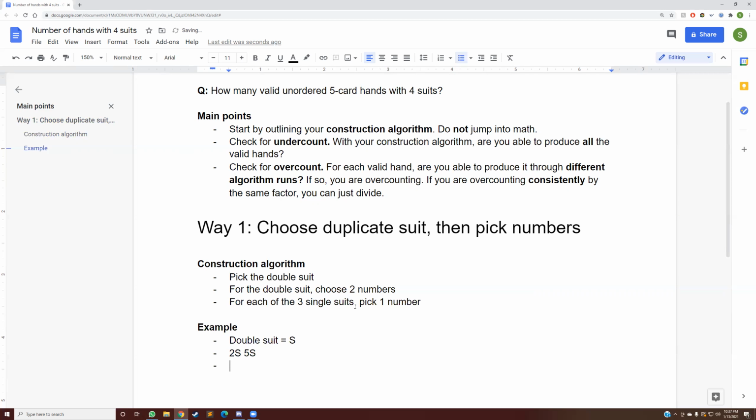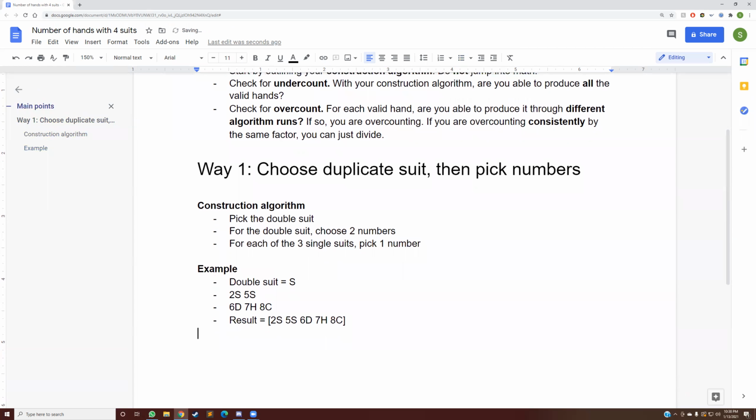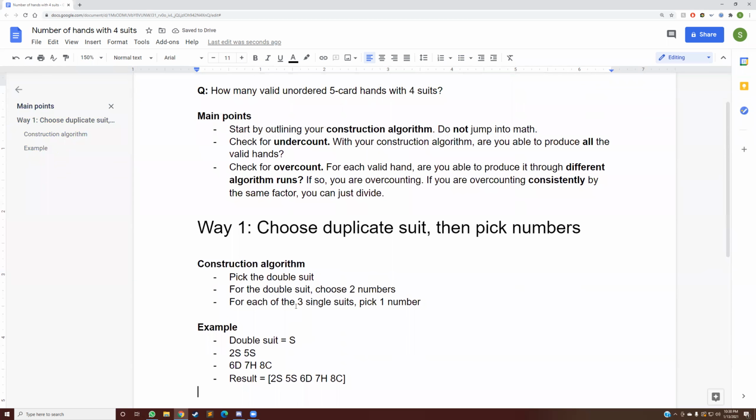And for each of the 3 single suits, pick 1 number. 6, 7, 8. And let's say diamonds, hearts, and clubs. And tada! You have constructed an unordered hand that looks like this.